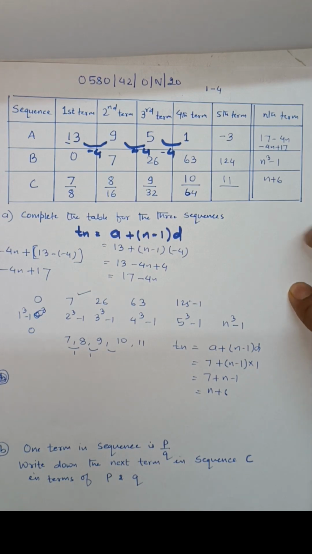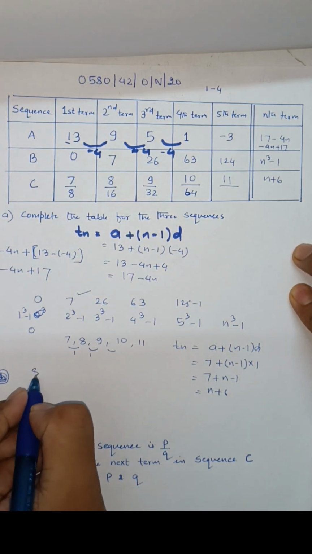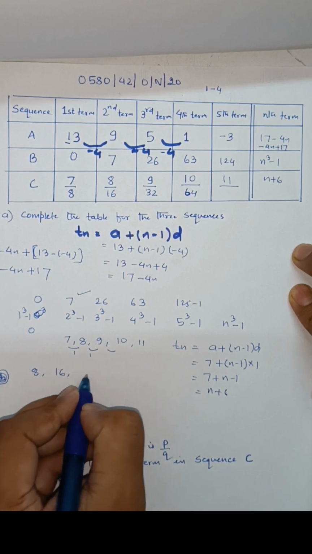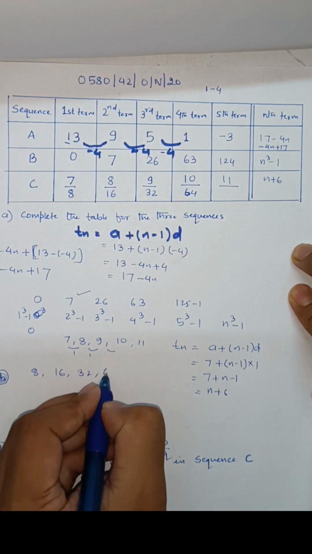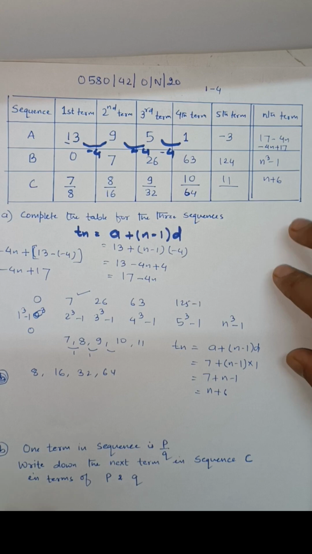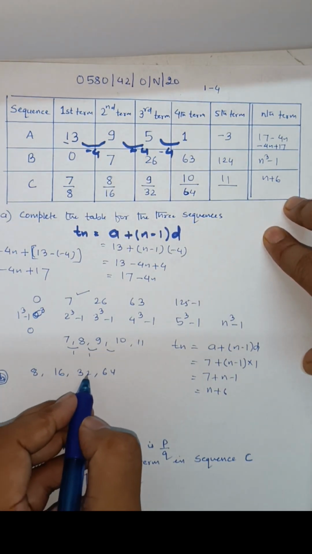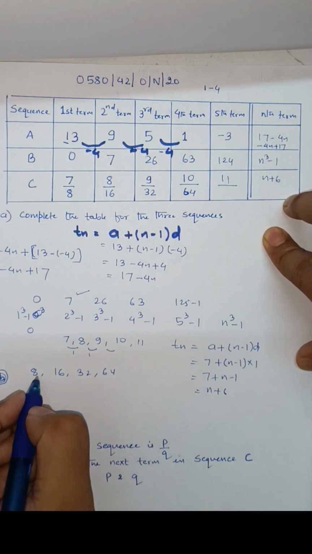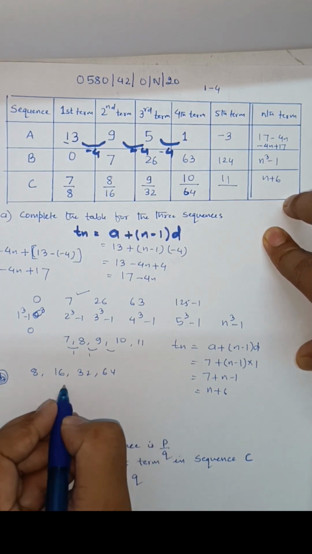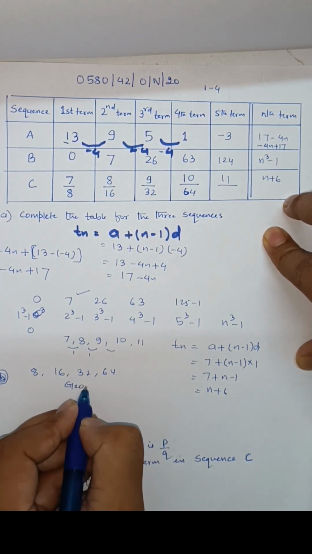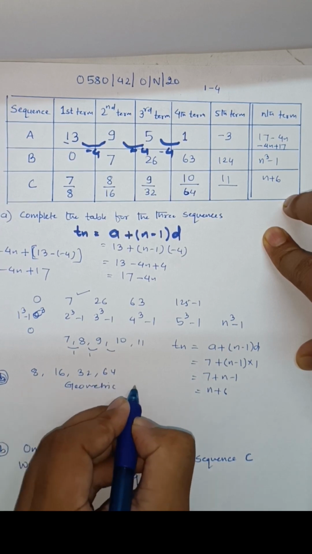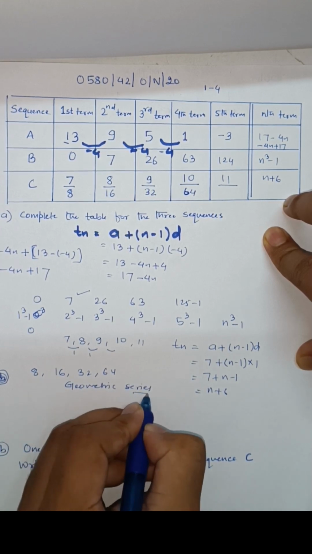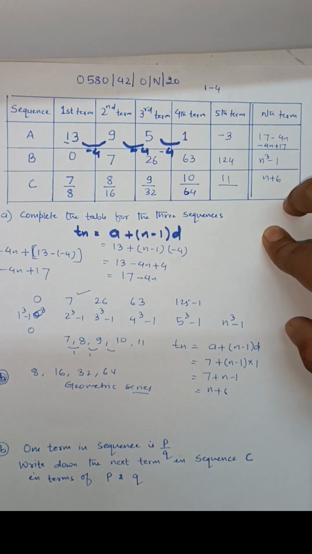Now think about the denominator. It is like 8, then 16, then 32, then 64, and so on. So if you see here 8, 16, this is a double, right? So we are doubling, and we can say this is an example of a geometric series. Okay, so geometric series, how can we solve this kind of question?